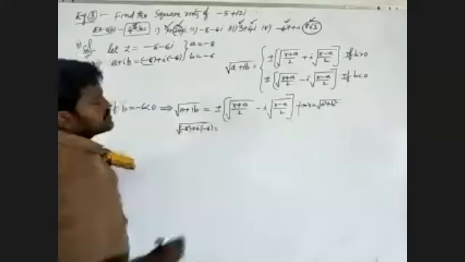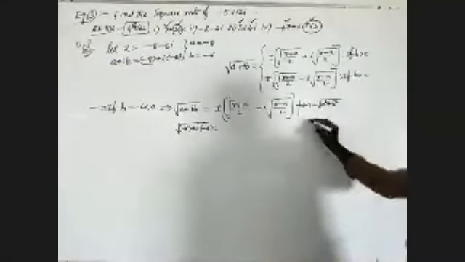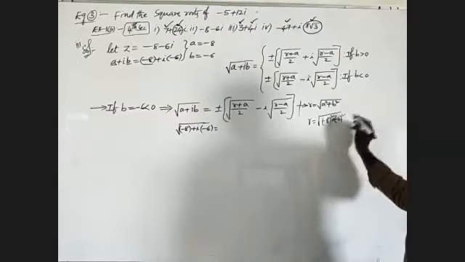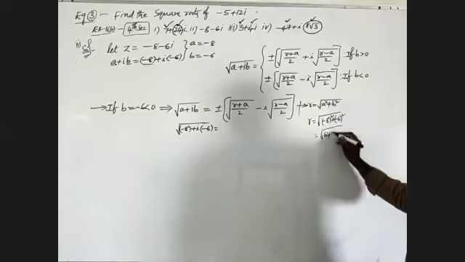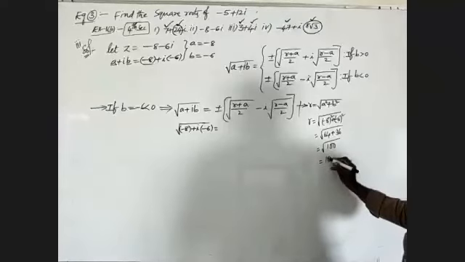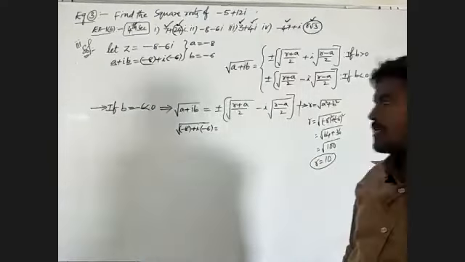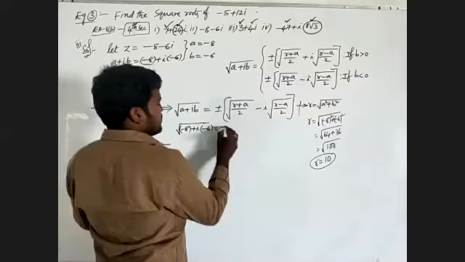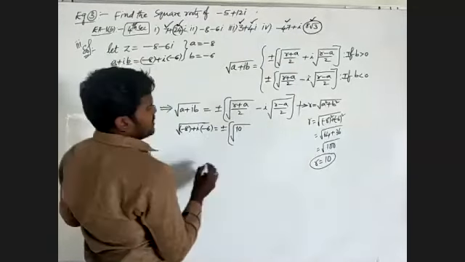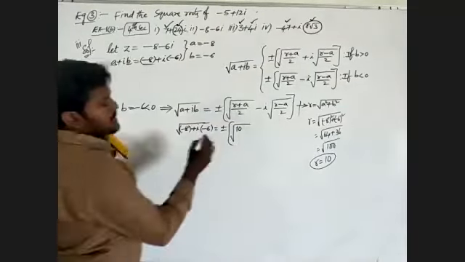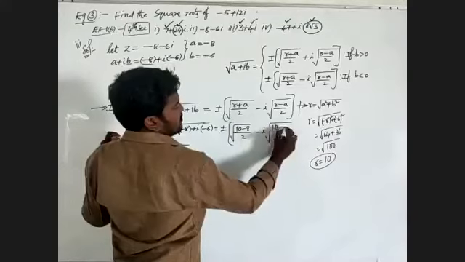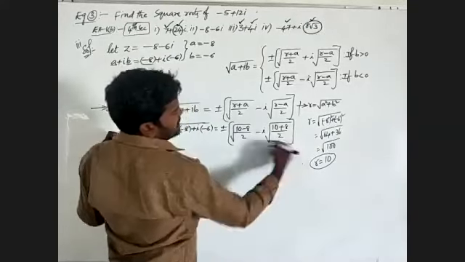First we have to find the value of R, where R is equal to root of minus 8 whole square plus minus 6 whole square. 8 square is 64, 6 square is 36, the given value is 100, root of 100 is 10, that is the value of R. That means plus or minus, R is 10, where A is minus 8, so root of 10 plus minus 8 by 2, minus i into root of 10 minus of minus 8, which is plus 8, the denominator is 2.